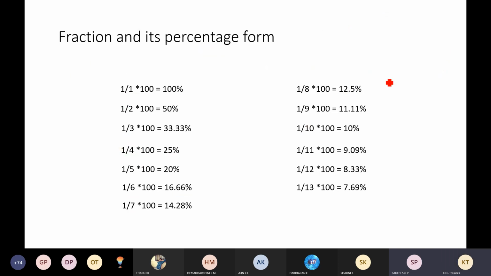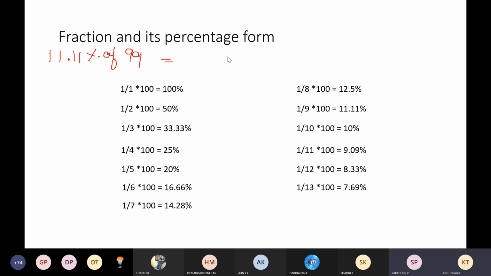Now here's my next question. Let's see if you're able to solve this. What is 11.11 percentage of 99? Very good.